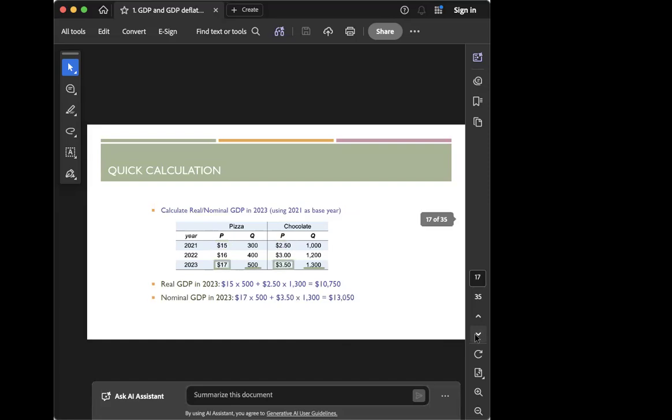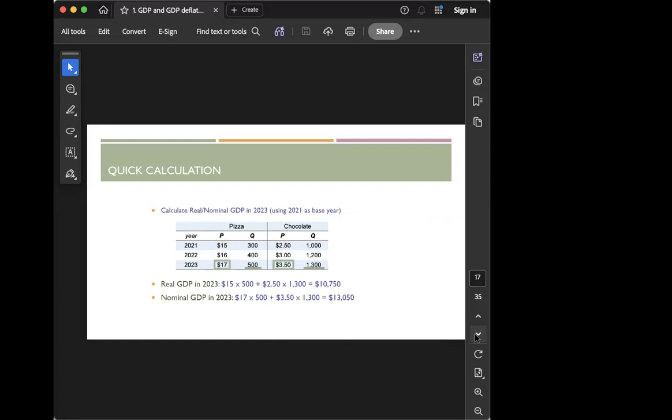For the nominal one, we use the current year prices. Since we're calculating 2023 GDP, we just use 2023 prices as well. So as you can see, there is a difference between real GDP and nominal GDP, and real GDP is corrected for inflation.